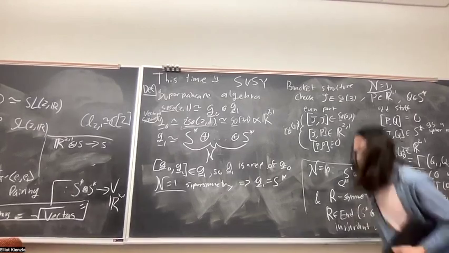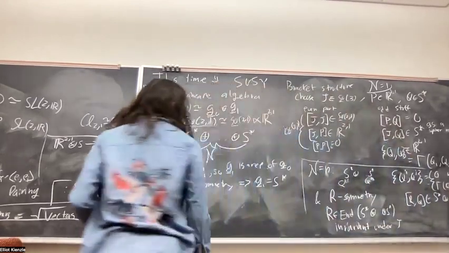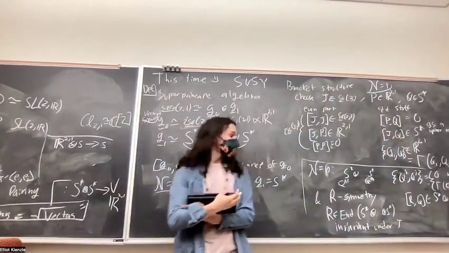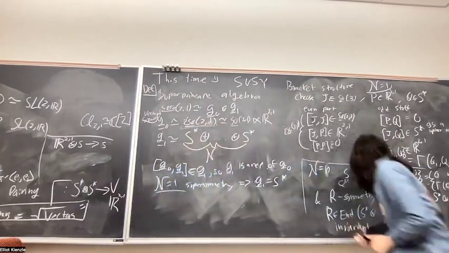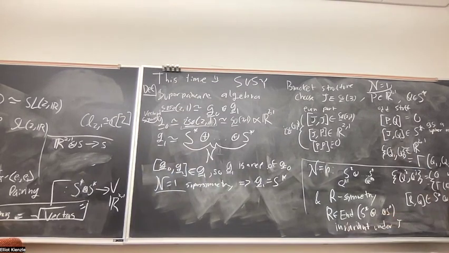So let's see what we have here. Step back a little bit. R, for example, could be a matrix. So let's say we take two of these. A common one is R equals U1.